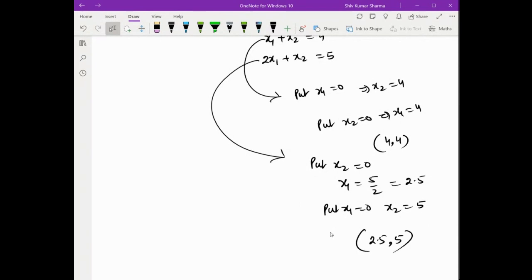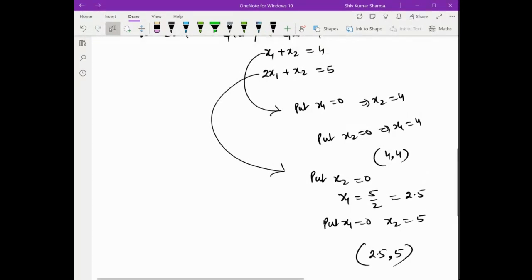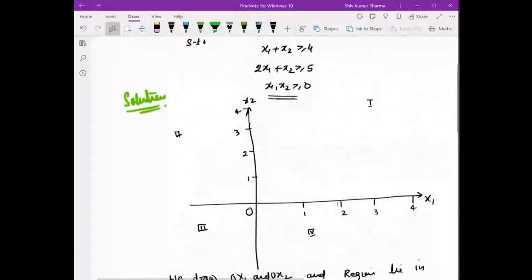So we draw. We mark 5 on the x2 axis, and 2.5 on the x1 axis.